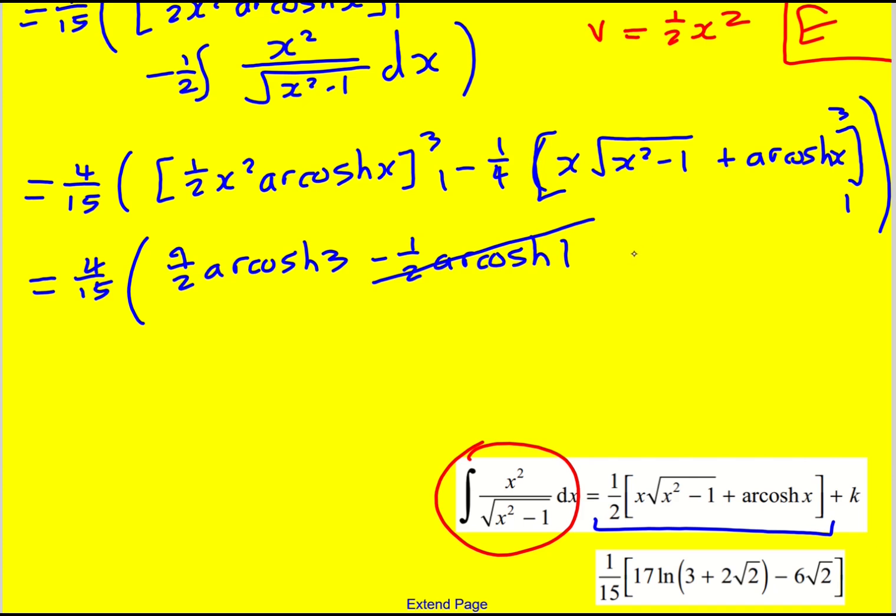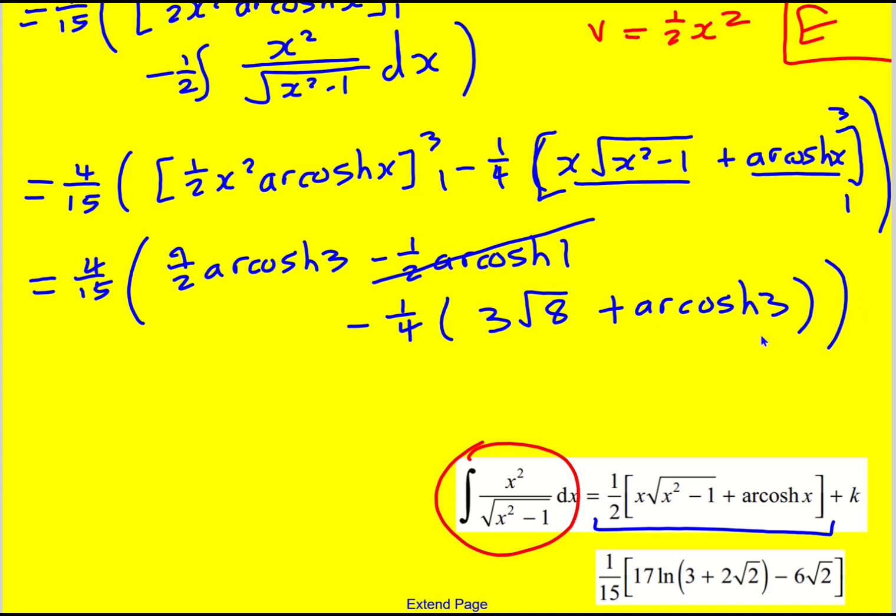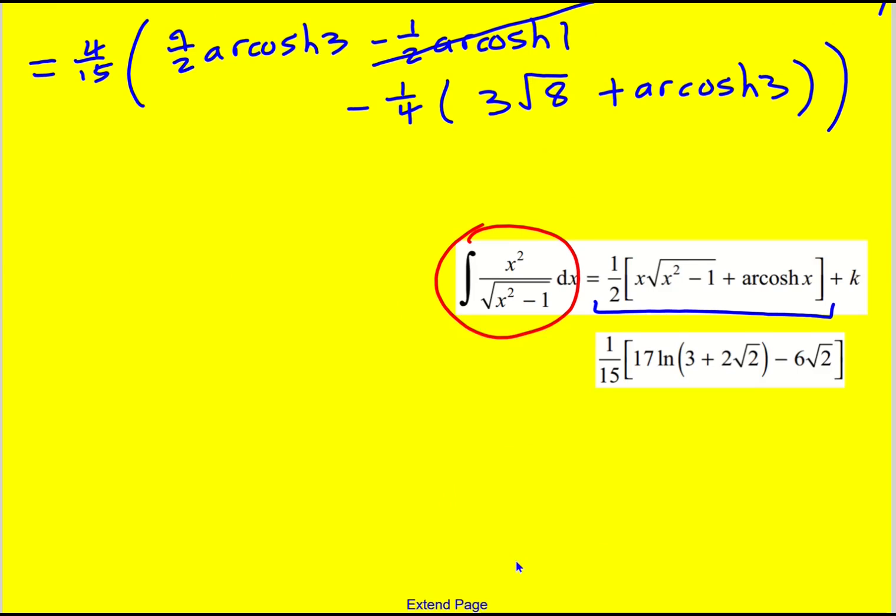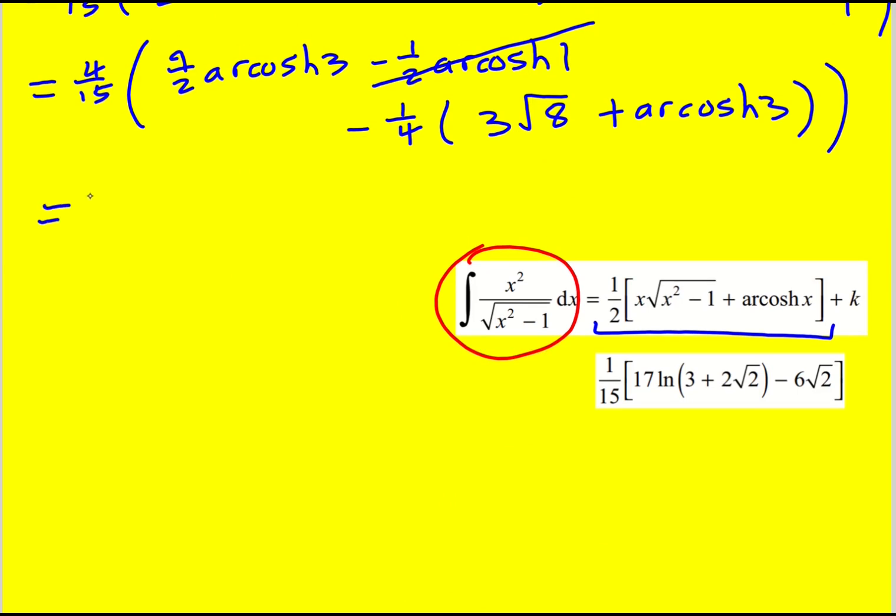And then I'm going to minus a quarter, and then 3 root 8 when I put 3 in, plus arcosh 3. And then when I put 1 in, this is actually going to give me 0, and so is this one. So actually, it just turns out to become that.